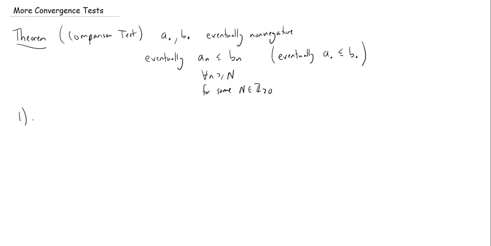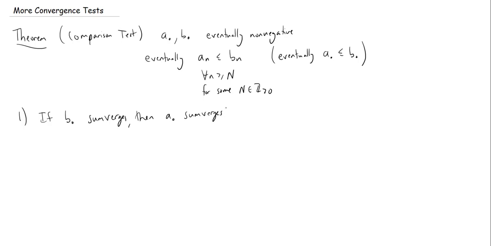So the actual conclusion of the comparison test is if you know that the larger sequence, okay, so the B, if it converges, then the smaller sequence also has to converge. So if B converges, then A converges.